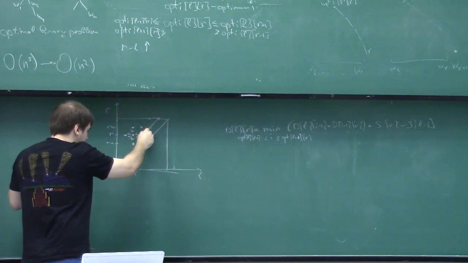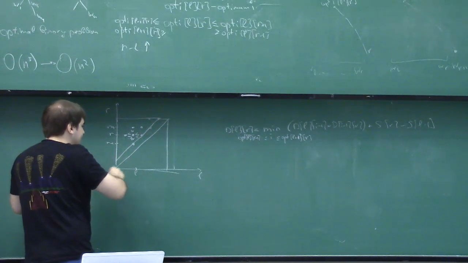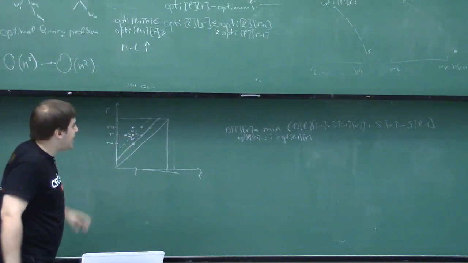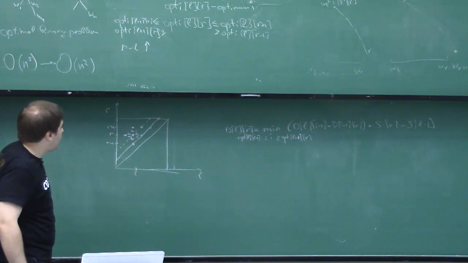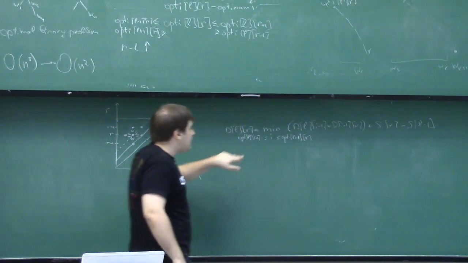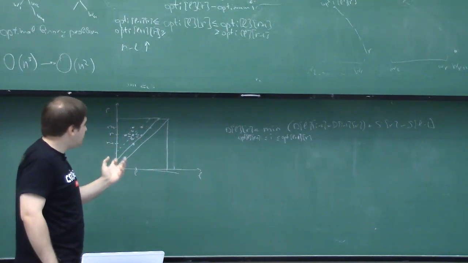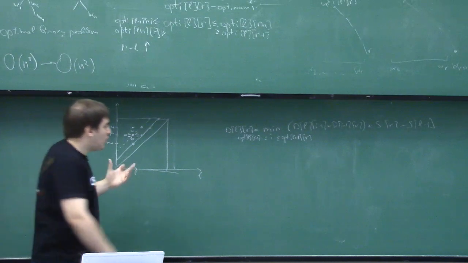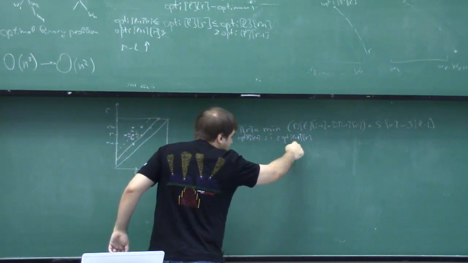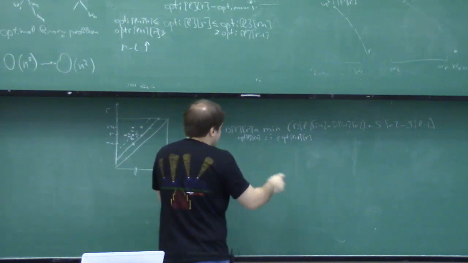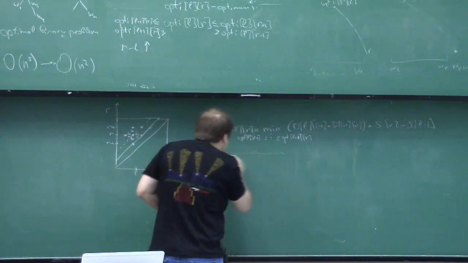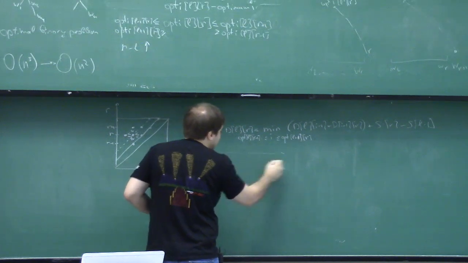So if we draw the previous layer and the current layer, then in the current layer, the sum of lengths of all those ranges will be linear, because all those ranges, opt(L,R-1) and opt(L+1,R), are actually forming the set of points between 1 and n.